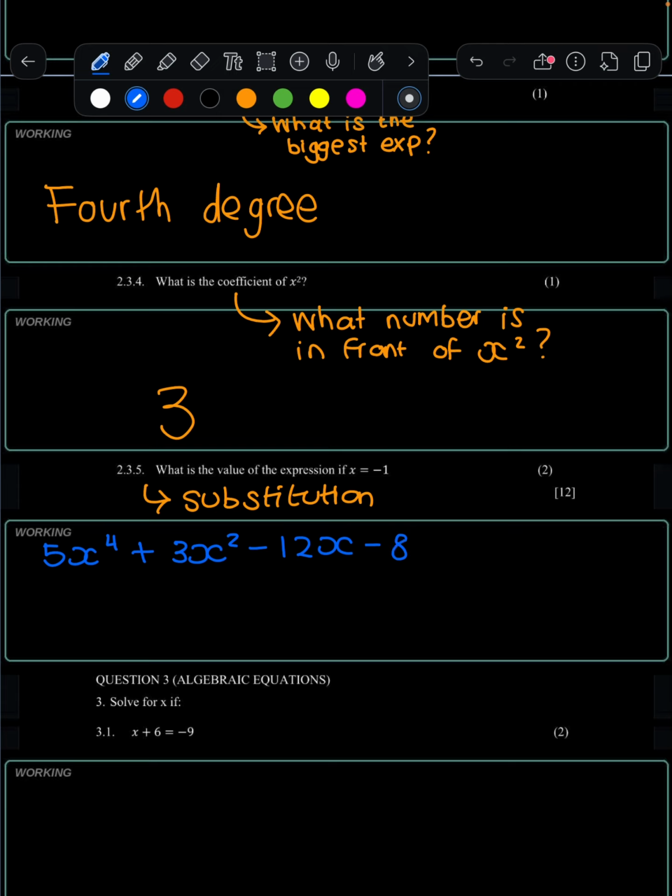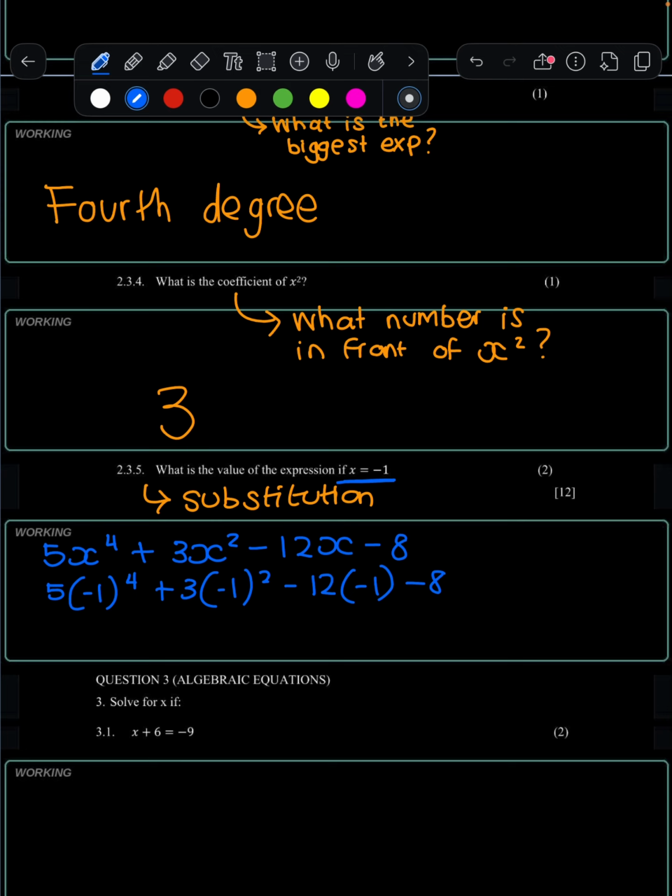And we need to know the value of the expression when x is minus 1. So wherever there's x, we are going to put minus 1. So 5 times minus 1 to the power of 4, plus 3 times minus 1 squared, minus 12 times minus 1, minus 8.